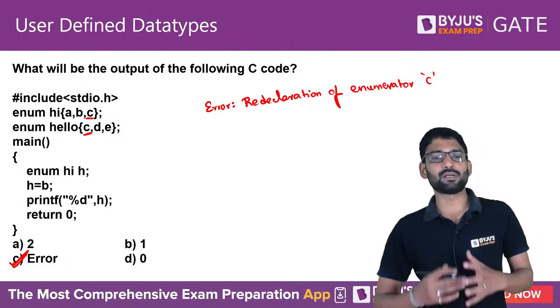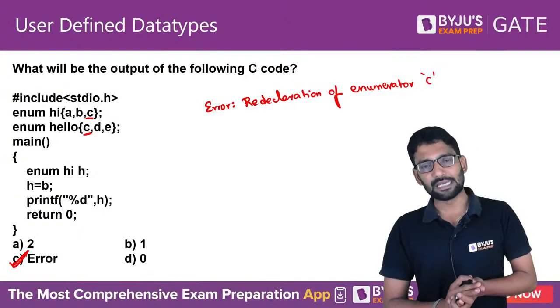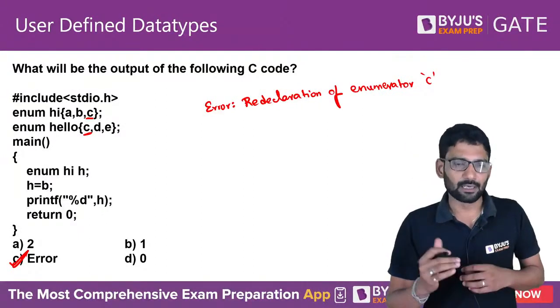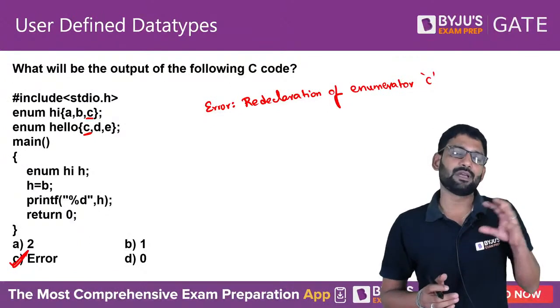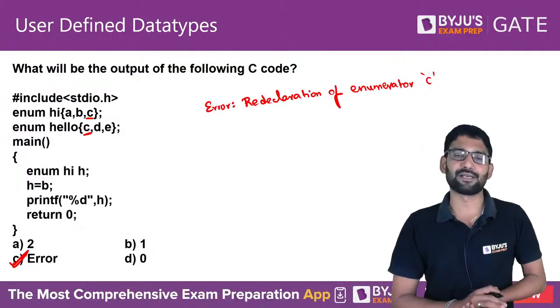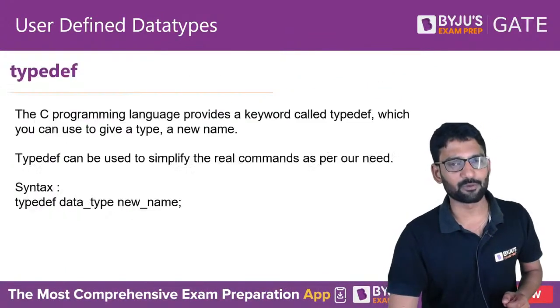So these are the different ways we can expect questions from enum. Hope now enum is clear for you. And before we wind up, guys, we also take typedef under this user defined data type category. So let us have a look at the typedef quickly.